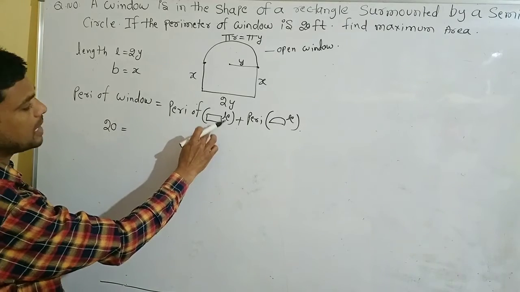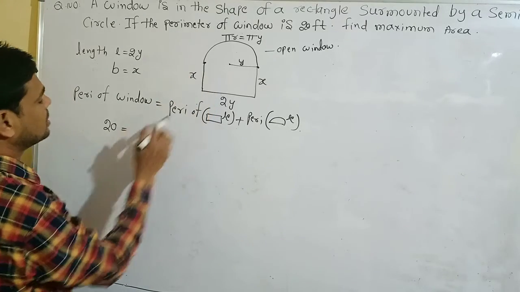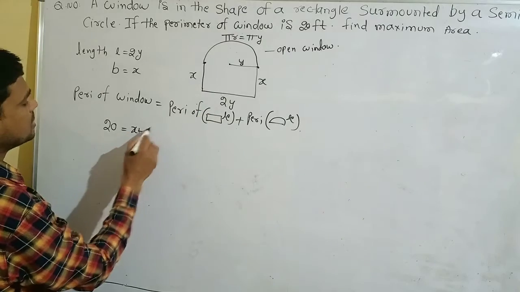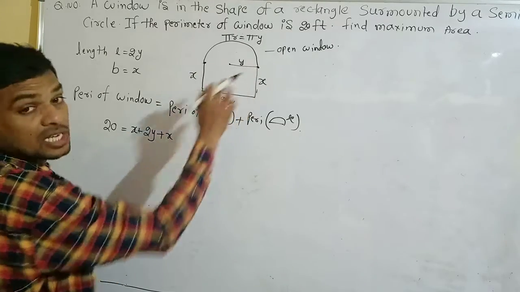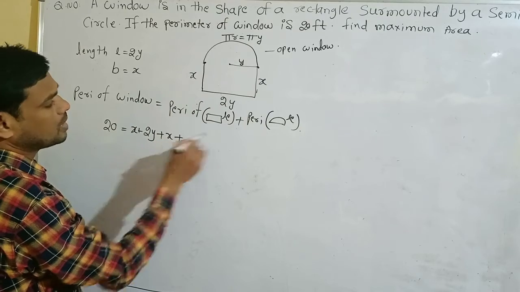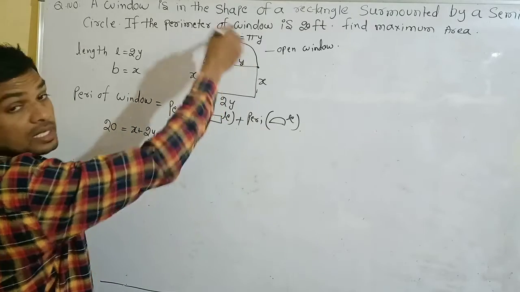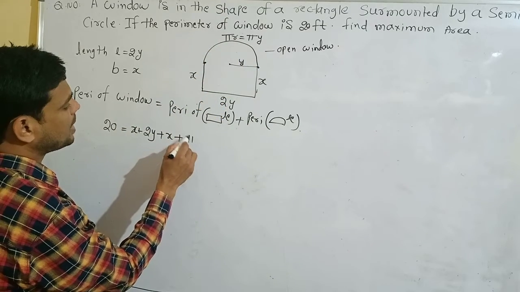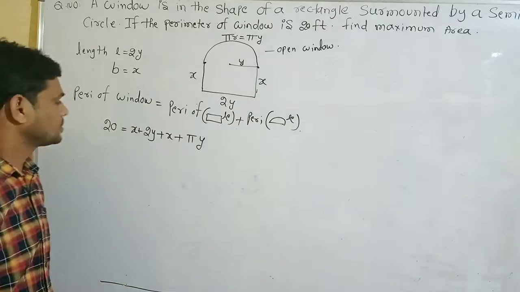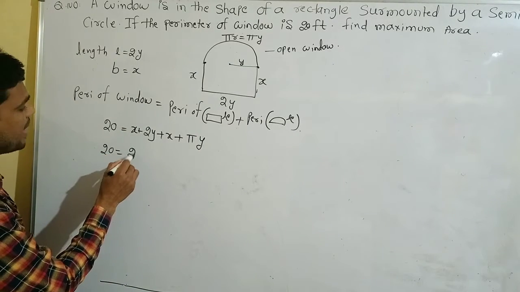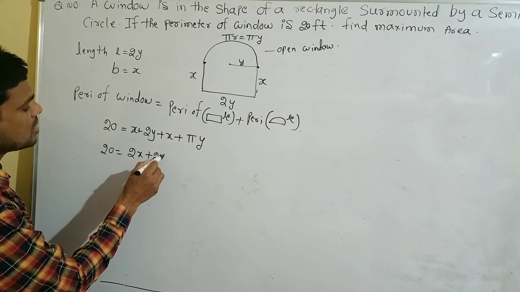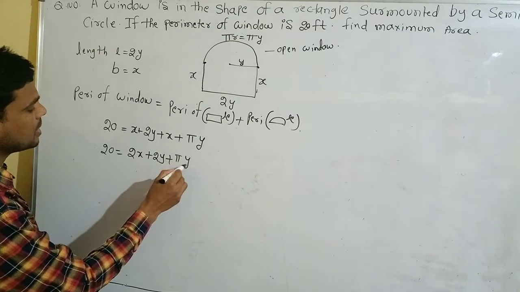Perimeter of rectangle: x plus this length 2y plus x. Here this side is not given. This is an open window. Plus perimeter of semicircle, that is pi y. Now here 20 equal to x plus x, 2x plus 2y plus pi y.